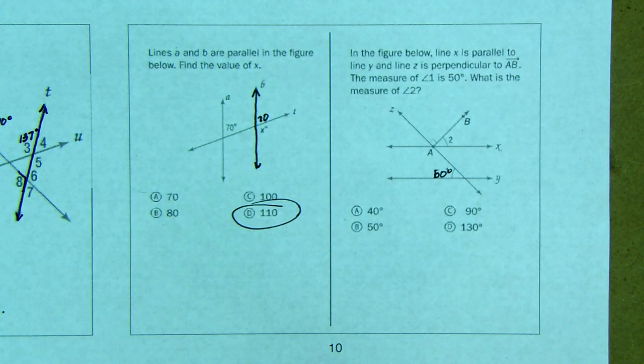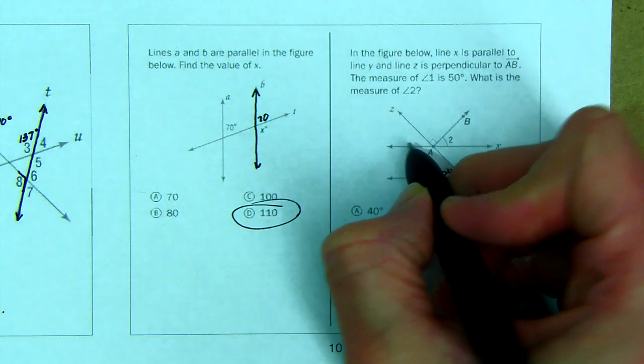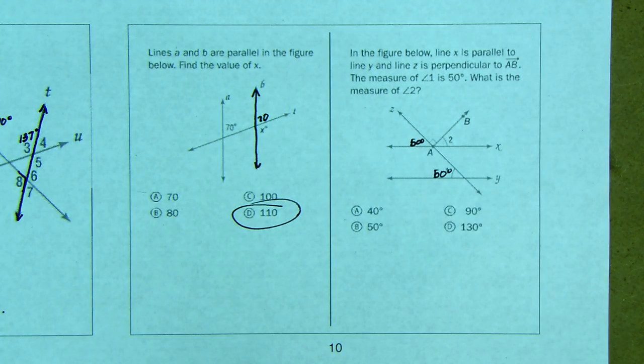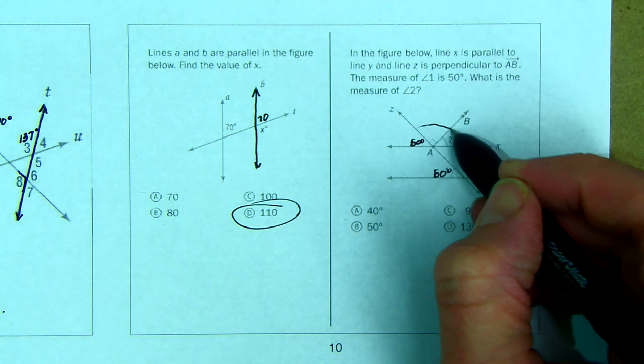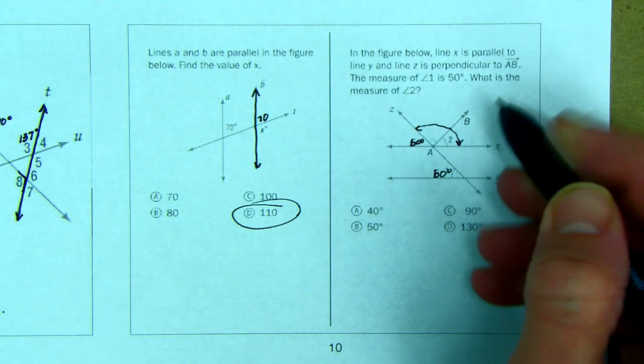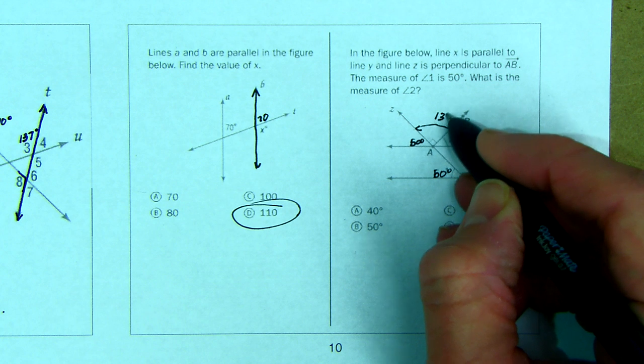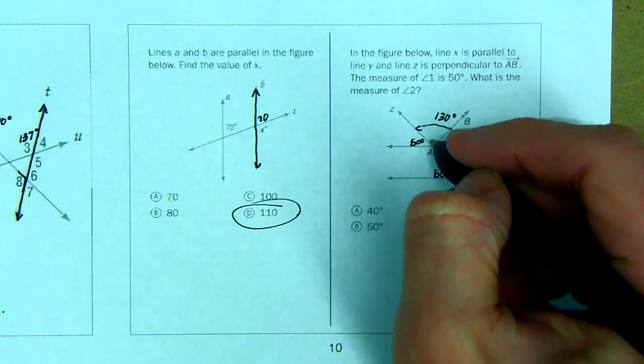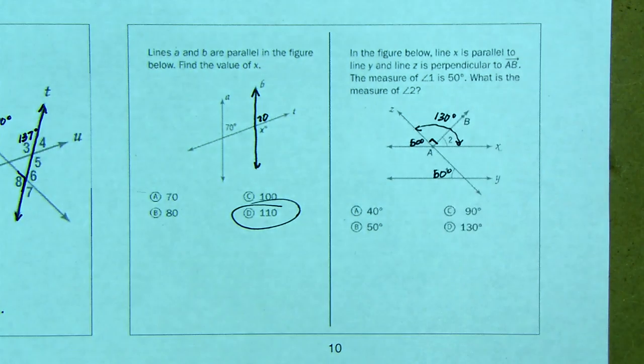Well, if angle 1 is 50 degrees, I know that this is 50 degrees because they're corresponding. And I know that this one has to be 130 because that makes 180 degrees to make a straight line. So 130, take away this 90, gives me 40 degrees.